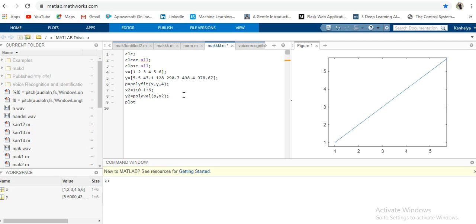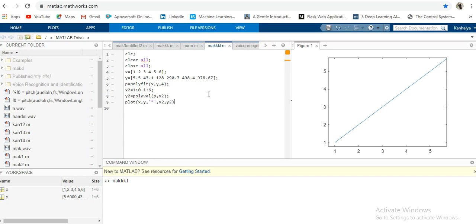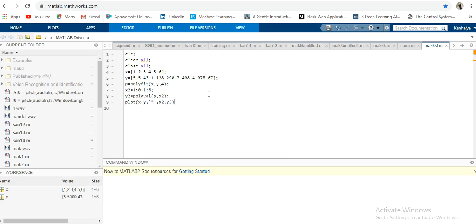If you didn't get it, then please put it in the comment section, then I will try to solve your queries. And suppose it will be seen by star only, x2 comma y2. Let's see if it is giving what we are expecting, right?